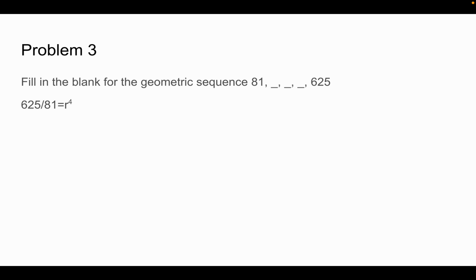You have to remember, when you take the square root or the 4th root or any even root of a number, or of two sides of an equation, that we have to be careful. Before we do that, we can say that r to the fourth is equal to 5 over 3 to the fourth. And we can't just say that r equals 5 over 3.